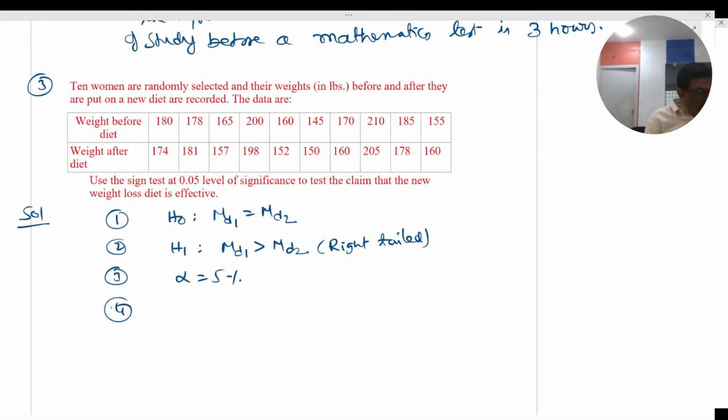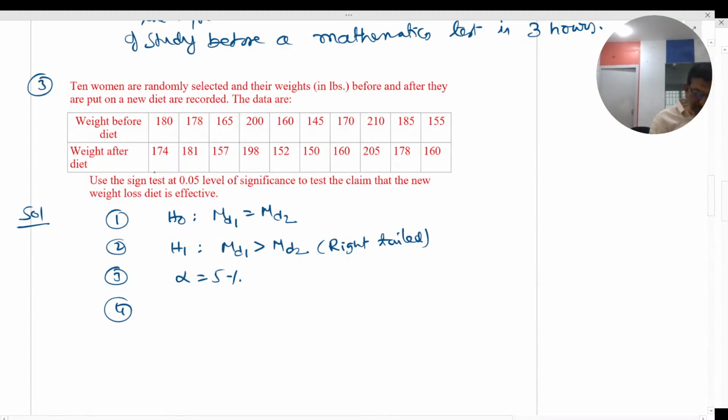Now step number 4. Based on our procedure, subtracting the weight after diet from the weight before the diet and writing the sign of the difference we get.